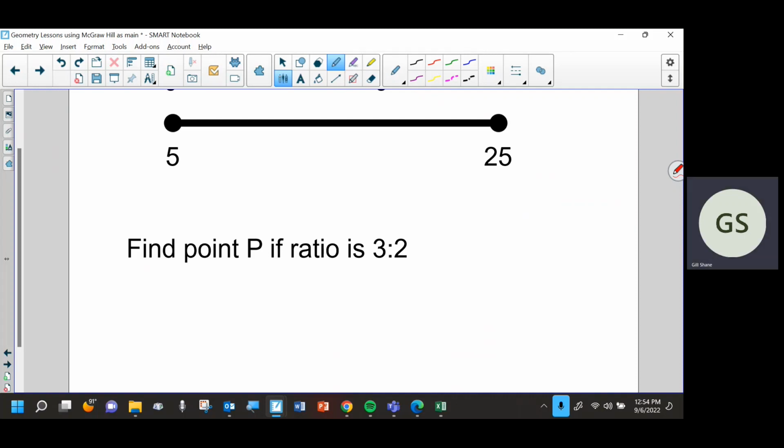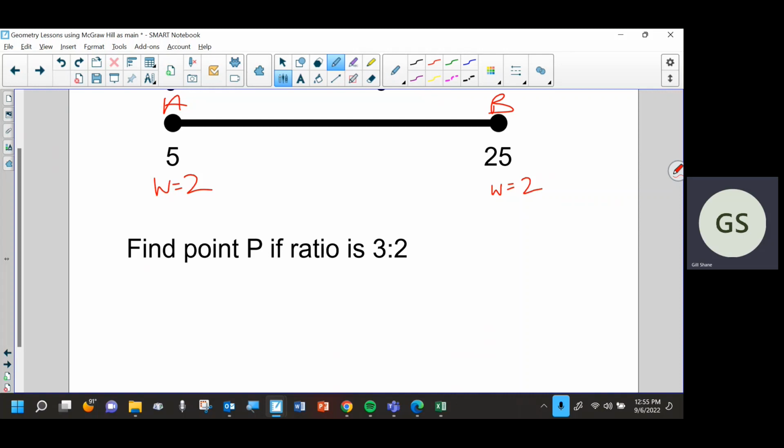If A is your first point and B is your second point, the only thing you have to do to make this into a weighted average problem is flip those numbers when you do the weights. Instead of the first number being the weight for the first point, it's the opposite. A gets the weight for the second number, and B gets the weight for the first number. Once you do that, it's the exact same problem.